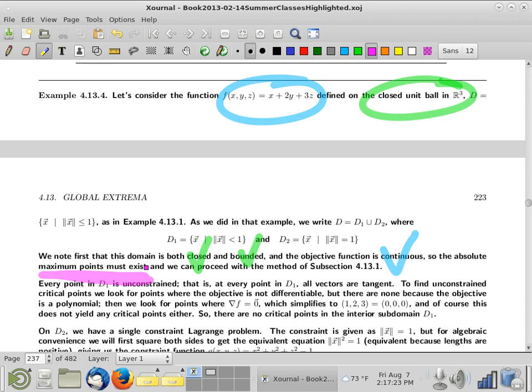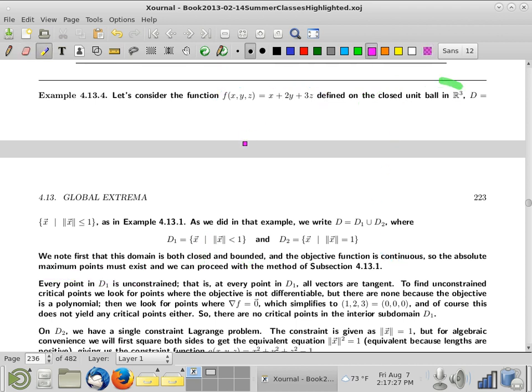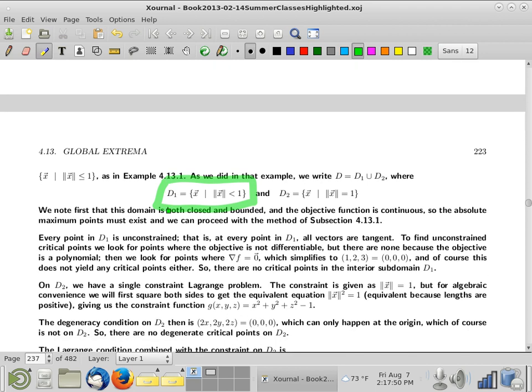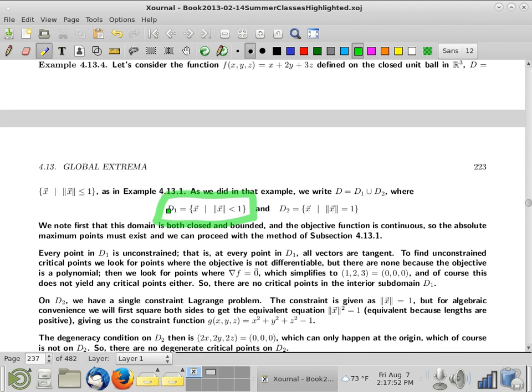So in other words, one at a time, we're going to look at these subdomains, find the critical points on those subdomains, consider them all, and the absolute max has got to be one of them. We'll just consider the values of the function. Okay. So let's take these one at a time. We will look at D1 first. I'll leave this all on the screen.